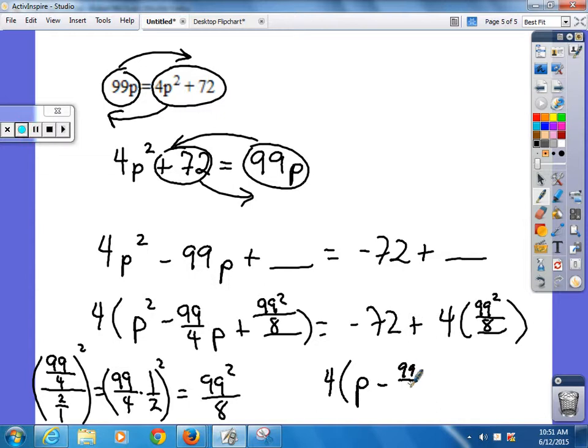If you take the square root of 8, you get 2 square root of 2, right? I'm going to leave it like that for right now because I still don't think that's right. But anyway, equals, and the 4 will cancel with this and leave a 2. So that's going to be 144 over 2. So negative 144 over 2 plus 99 squared over 2.